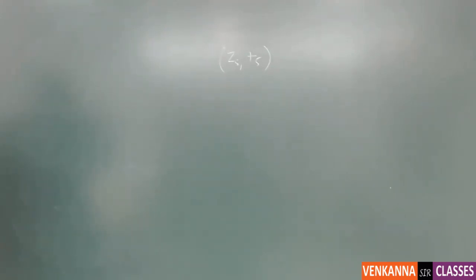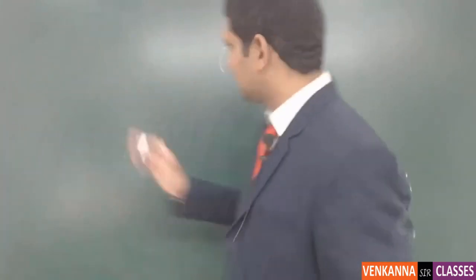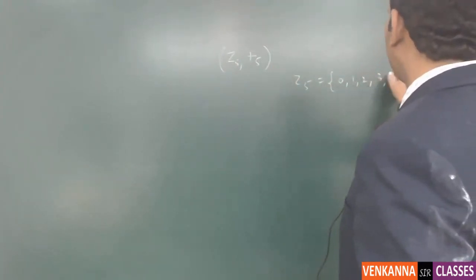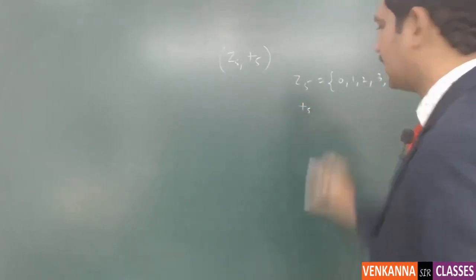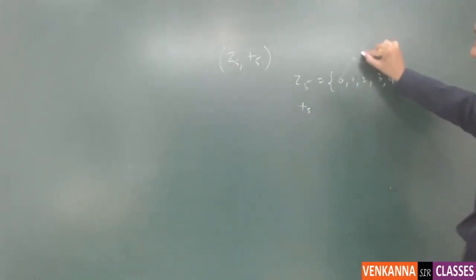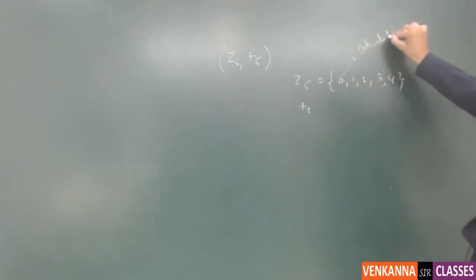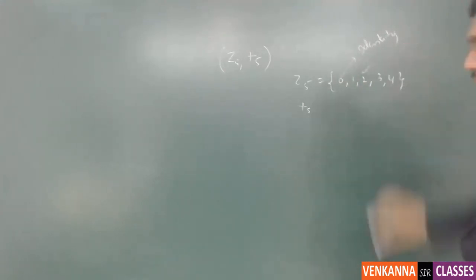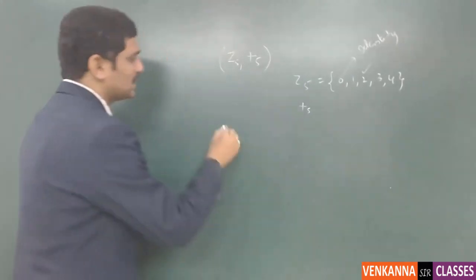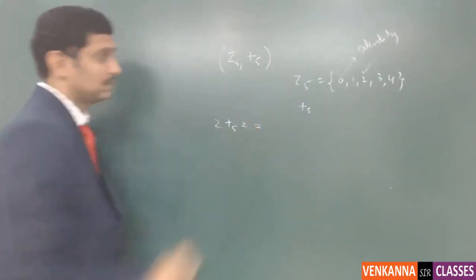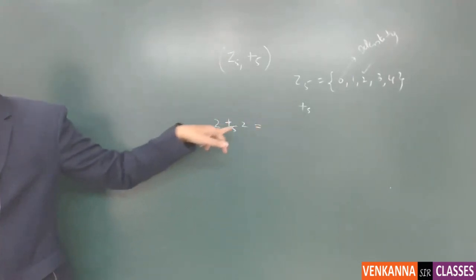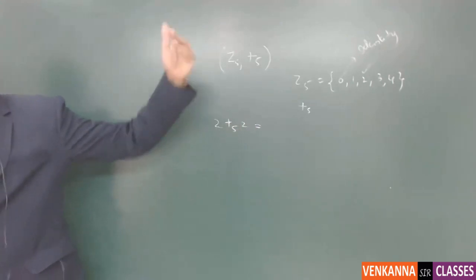So that set Z5 is nothing but 0, 1, 2, 3, 4 and the operation is plus 5. Here 0 is the identity. So you exclude this value and consider the other parts. Let me say I have taken 2. Now, if we consider 2 plus 2, see here I am applying the operation repeatedly on one value. Please understand, here we are not calculating the powers of 2.